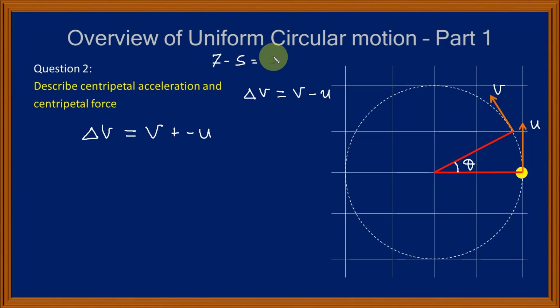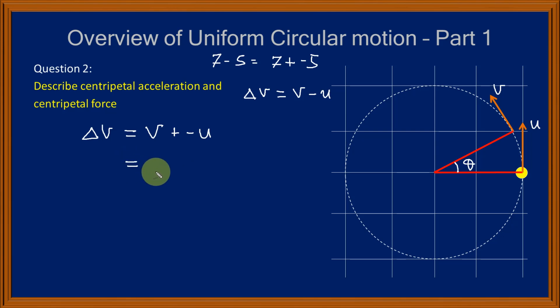This could be written like 7 plus minus 5. This is just simple algebra, and we know that I have not changed this equation at all. 7 minus 5 is the same as 7 plus minus 5. So I want to write v minus u as v plus minus u.